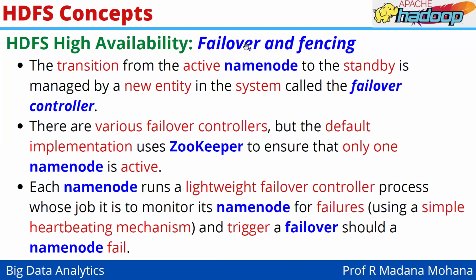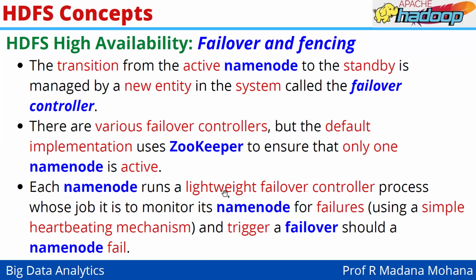Then failover and fencing in HDFS high availability. The transition from the active name node to the standby is managed by a new entity in the system, which is called the failover controller. There are various failover controllers, but the default implementation uses Zookeeper to ensure that only one name node is active.